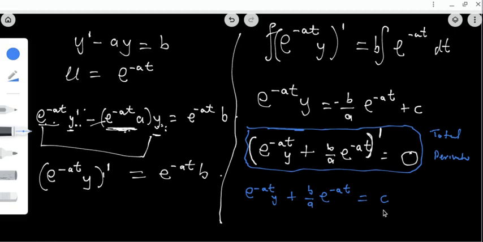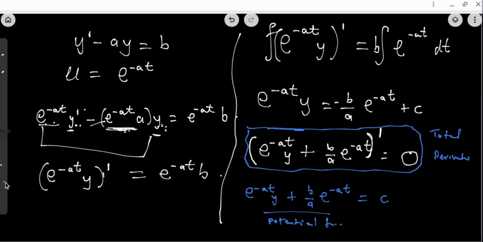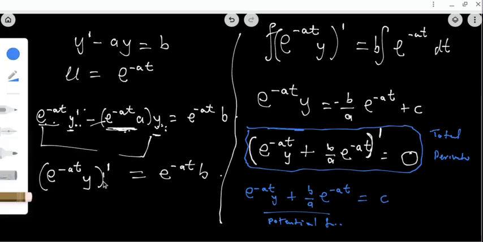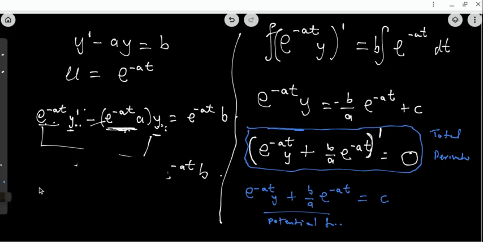When you take the total derivative of it, you get 0. So this function is called the potential function, and a potential function is written in a functional notation. Let me write it here.